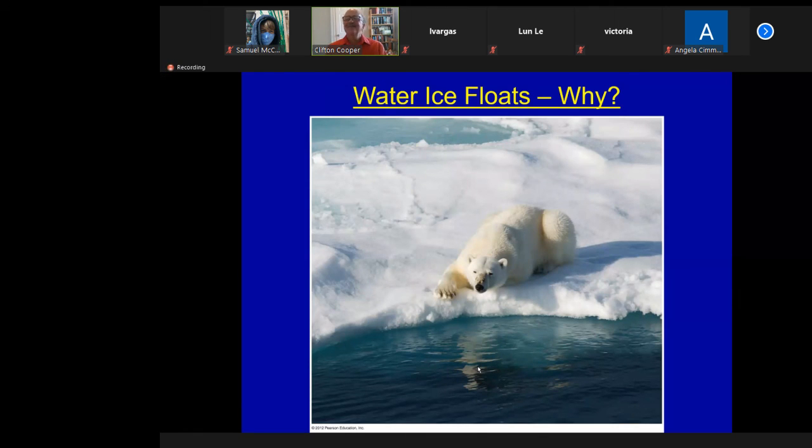And ice floats. This doesn't happen with everything. If you have, say, molten rock, like in a volcano, molten magma, it cools off at the surface and gets where it's not glowing anymore, and that surface material sinks.